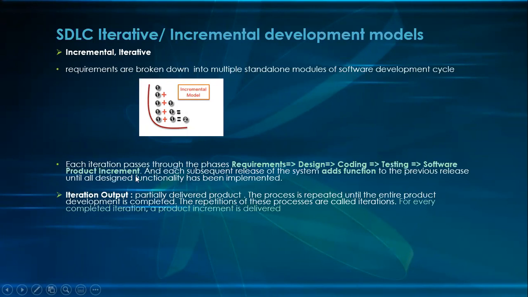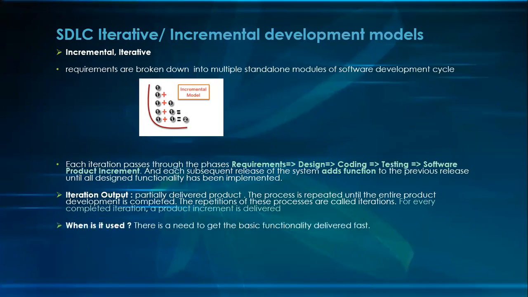So what is an iteration output? A partially delivered product. The process is repeated until the entire product development is completed. The repetition of these processes is called iteration.